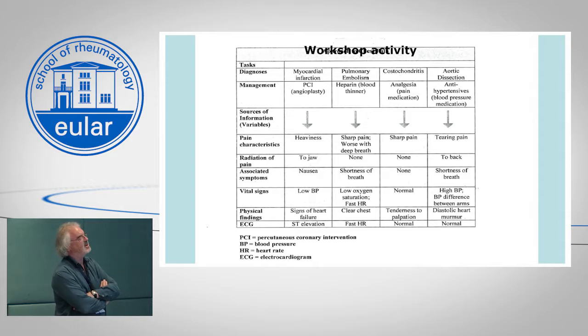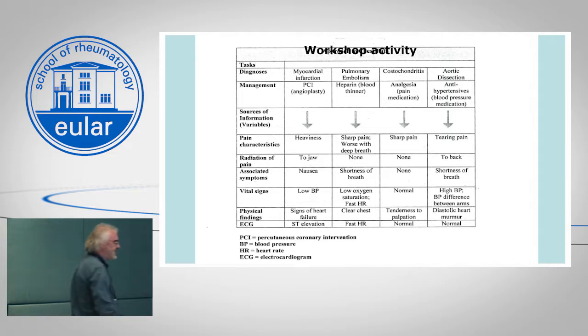And then below that, you've got some information that differentiates these 4 conditions from each other. So, for instance, in the MI one, you've got heaviness, pain, radiation to the jaw, nausea, blood pressure, ECG, ST elevation, and so forth.